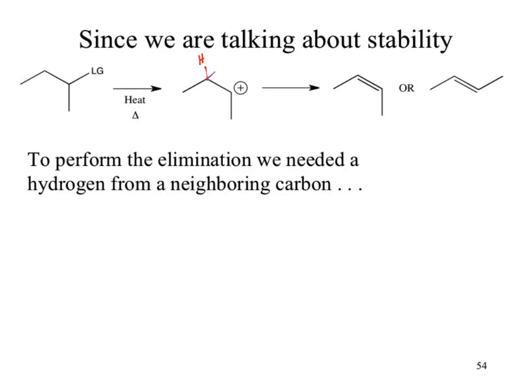That hydrogen or that hydrogen. Because I don't have wedges and dashes on this, we'll just call this red and purple. Those hydrogens would be identical, but the elimination produces different products. So we'd have to be careful with that.